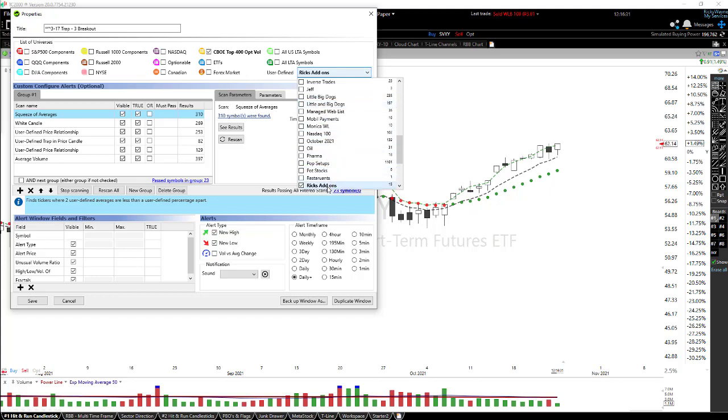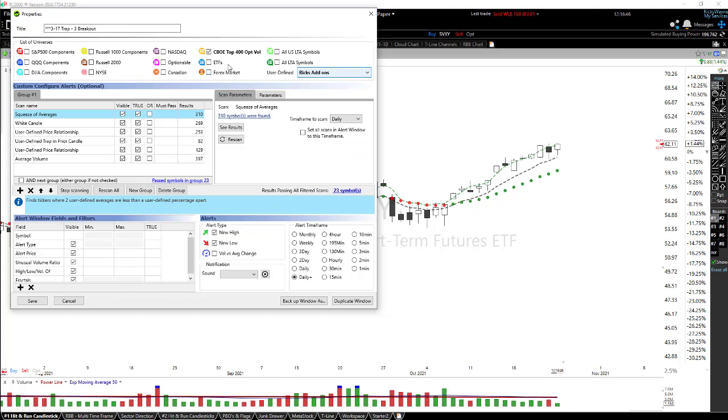So I want to make sure that there are some charts that are not in this stock list. So I create my own little list, and there's just a few stocks. I don't even remember what they are now, but I do know the spiders are in there because I want to see if those are setting up for this particular scan right here.